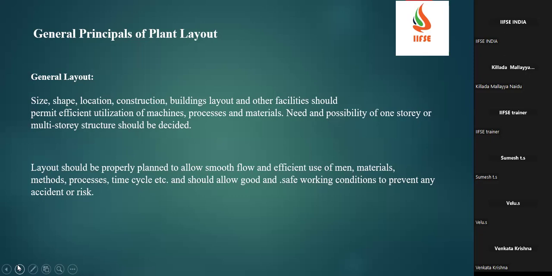Similarly, we have to make sure the size, shape, location, construction, building layout, and other facilities permit efficient utilization of machines, processes, and materials.